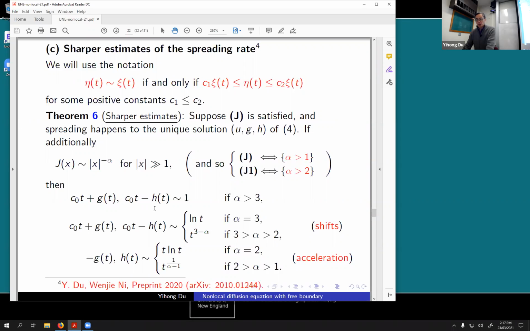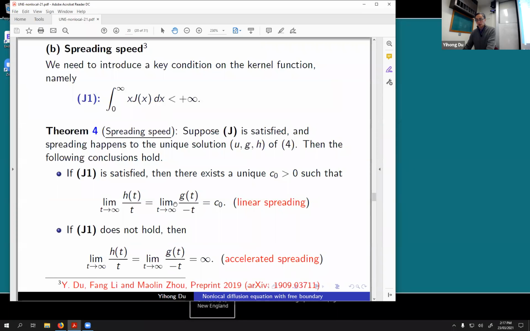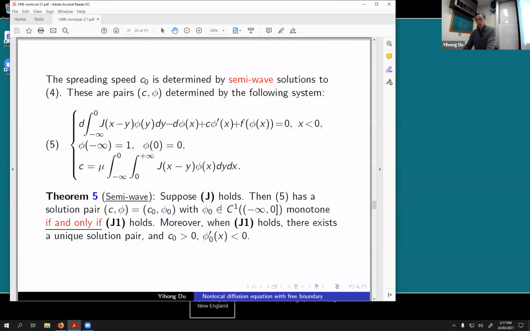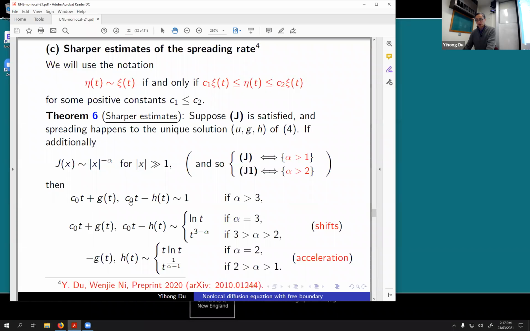Now, what can we say about the behavior of h and g for this special class of kernels? Well, if alpha is greater than 3, we are in that range, and this difference is bounded. Previously we knew the quotient goes to C0. Now this is sharper: the difference is bounded.